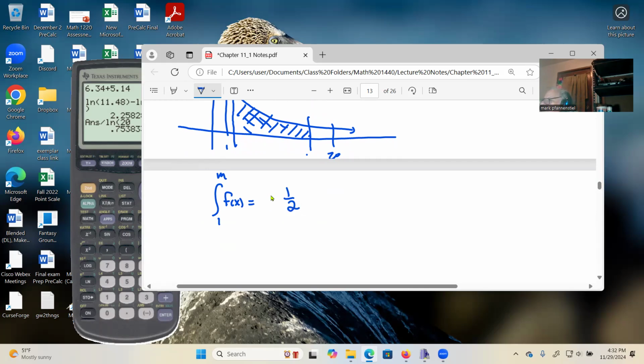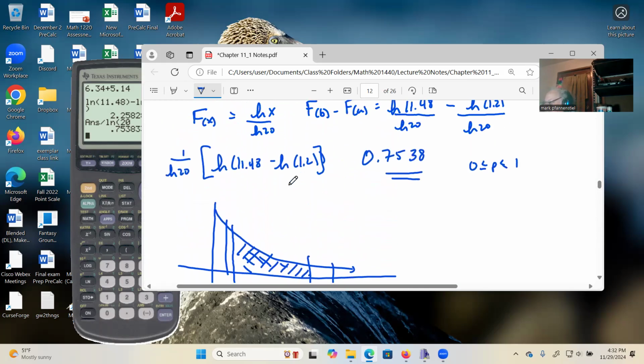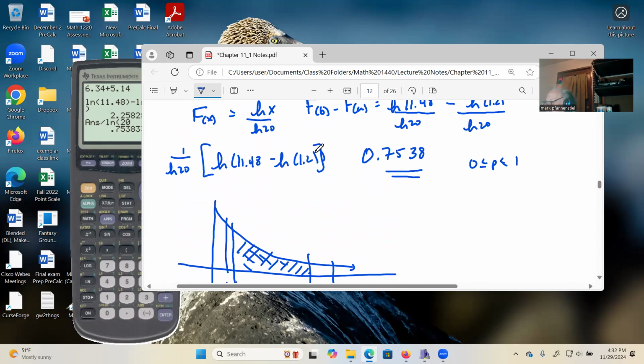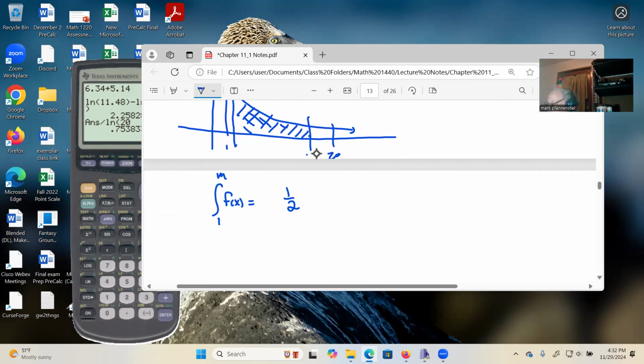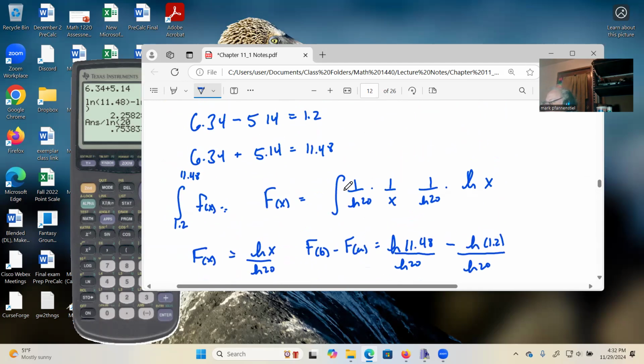Well, we already integrated the f of x. This is going to be the natural log of m minus the natural log of 1, all over the natural log of 20, going with the fact that we previously had just integrated this thing.